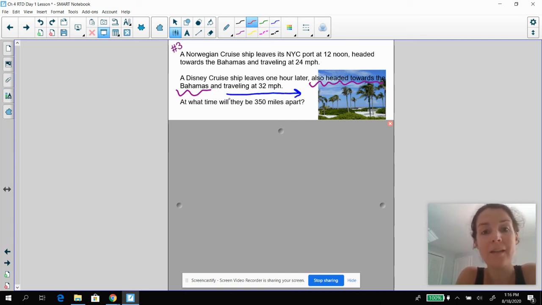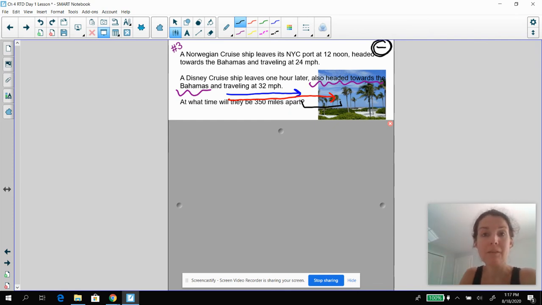And then the Disney cruise line is also going a certain distance, but it passes it, so we think. So what we're interested in is this difference between those two. So this is what we call a same direction problem, and in a same direction problem, you subtract. Same, subtract. So we are going to subtract our distances.